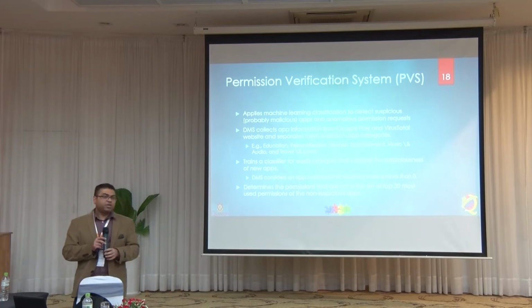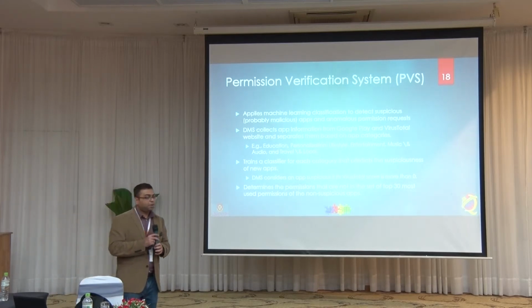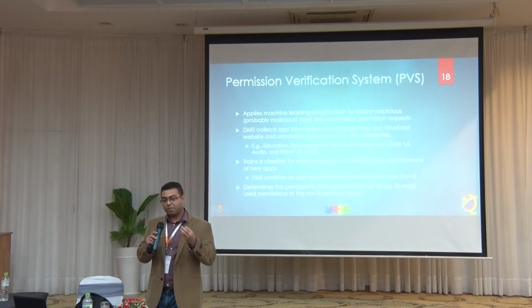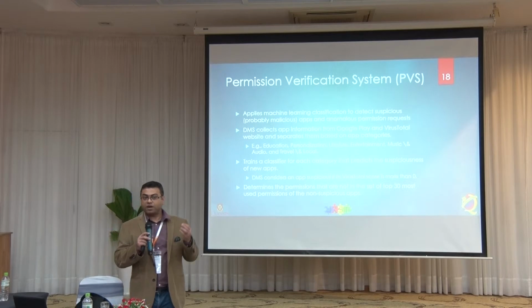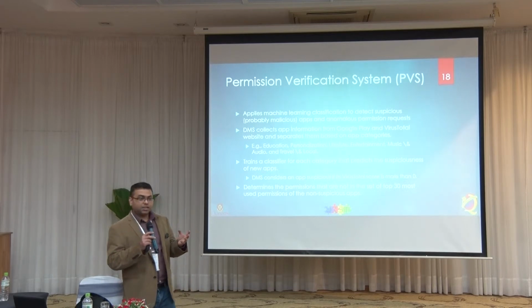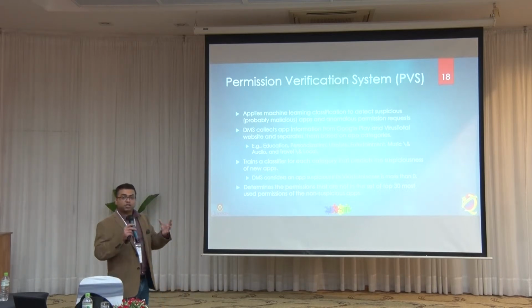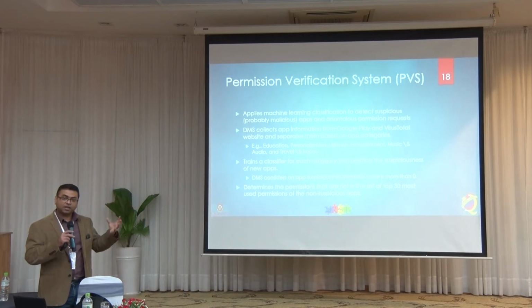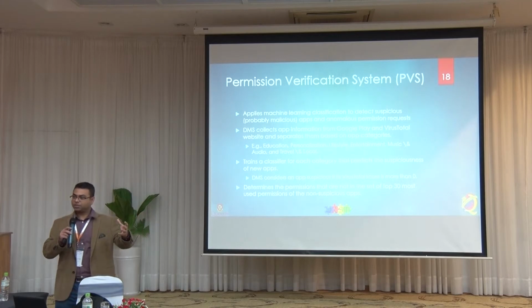Lastly, the permission verification system. As I said, we use web mining. That is, we mine the Google Play and the VirusTotal website. And for thousands of applications, we mine their permissions and reviews and create clusters of categories.